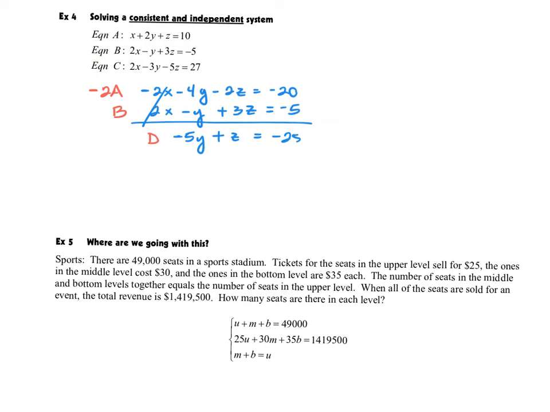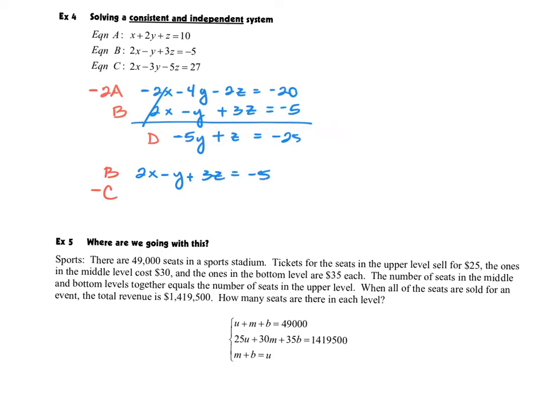So now I'm going to go back and use those equations B and C that I wanted to use in the very beginning. And I don't have to do anything special to those. I'm going to take my equation B, and then I'm going to take a negative times equation C, a -1. So my equation B, I just get to straight up write it again: 2x minus y plus 3z equals -5.